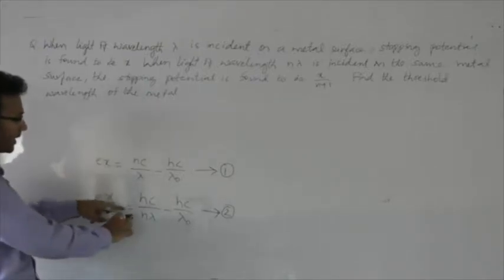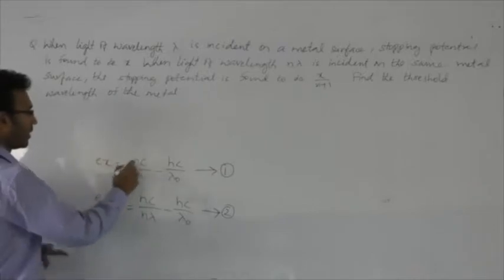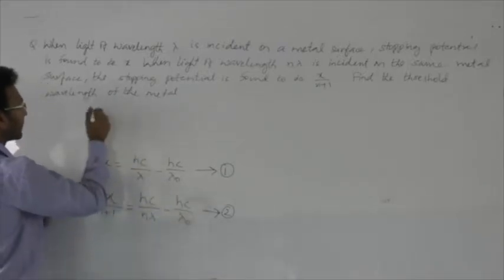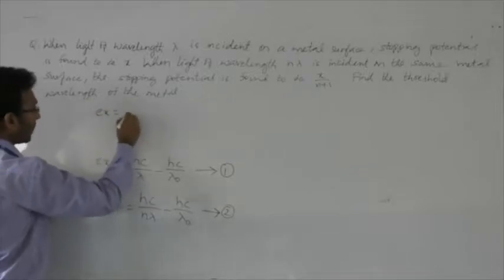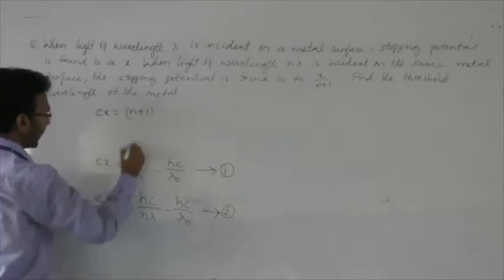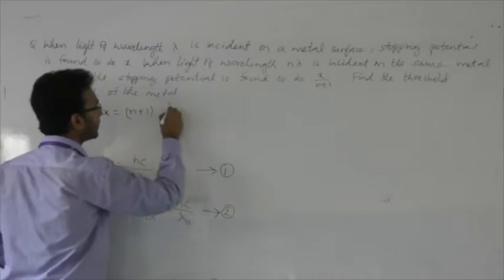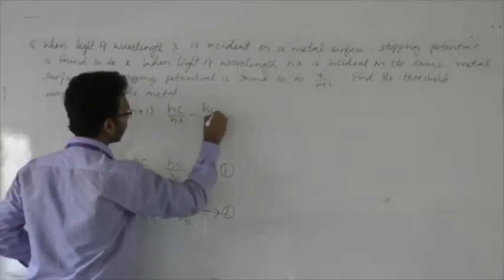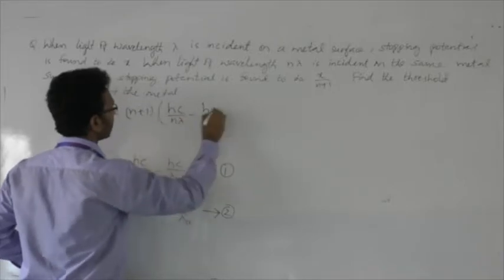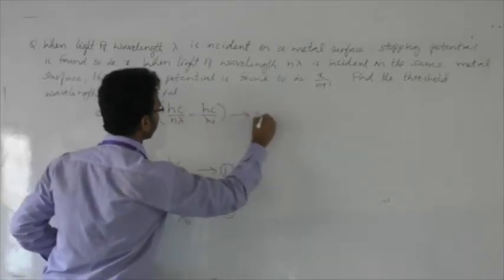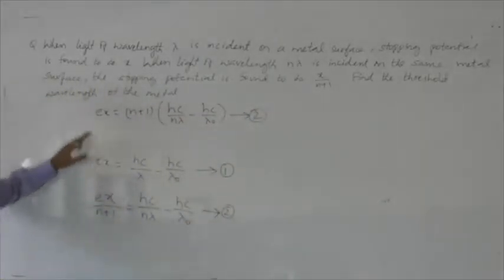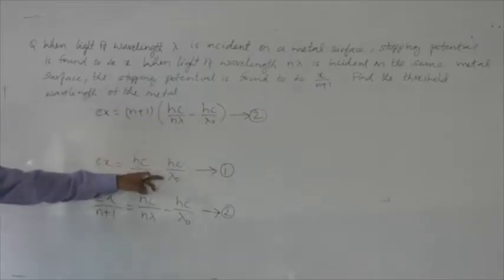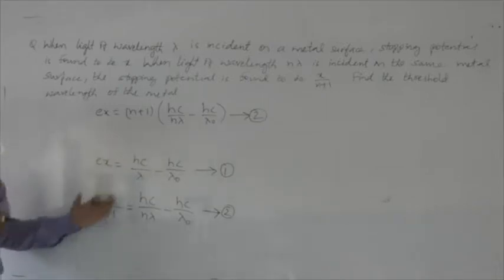In other words, the second equation can be rewritten as E x equals n plus 1 into this whole term, hc by n lambda minus hc by lambda naught. This is your second equation. I've rewritten the second equation. Now since these two are equal, I can equate them and solve to find lambda naught. This is the simplest procedure that I follow.